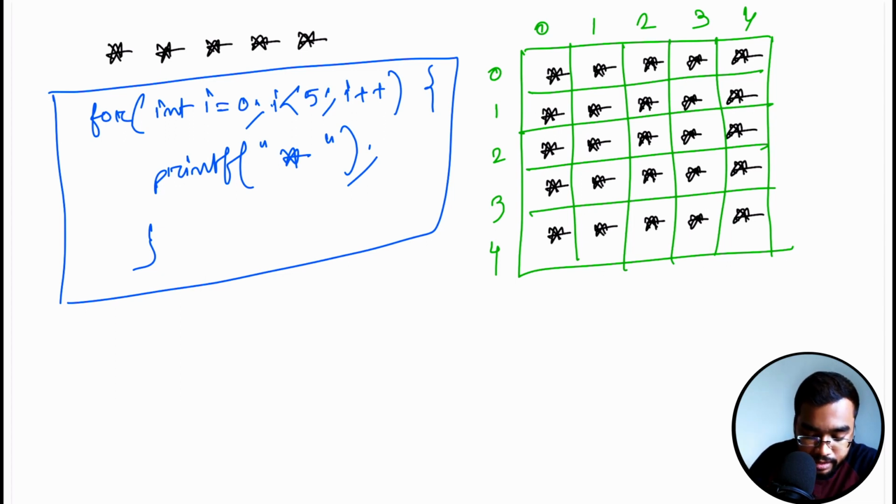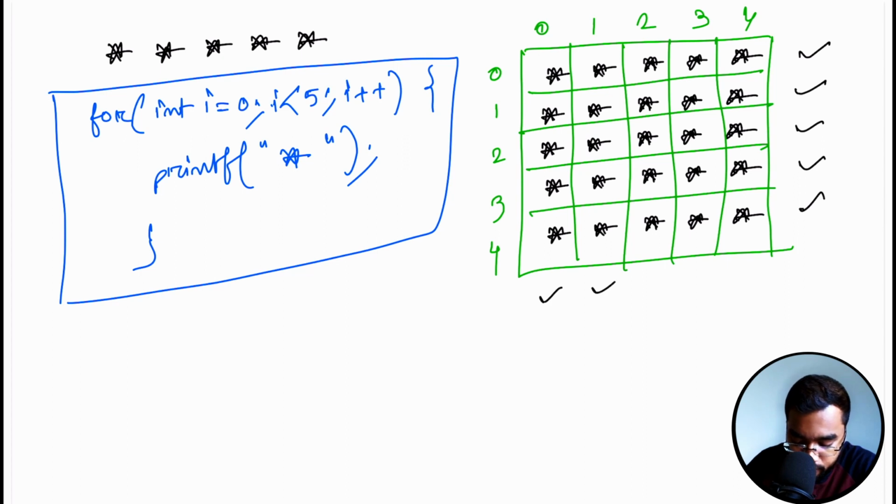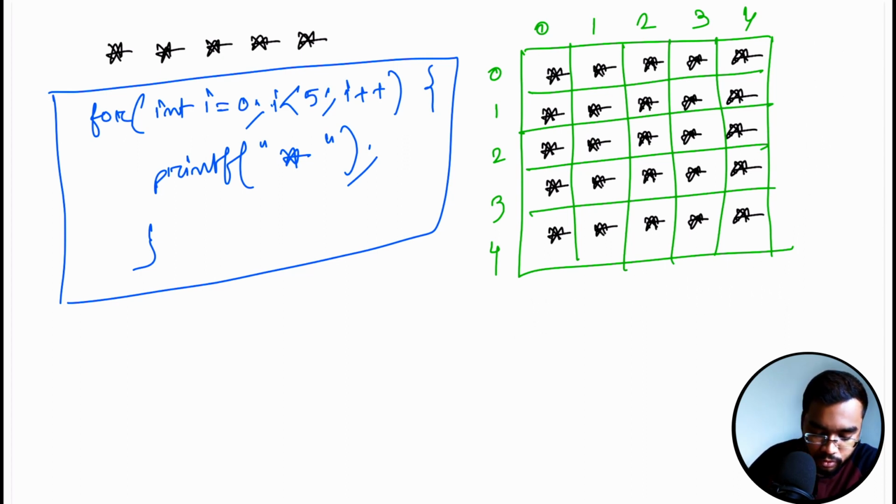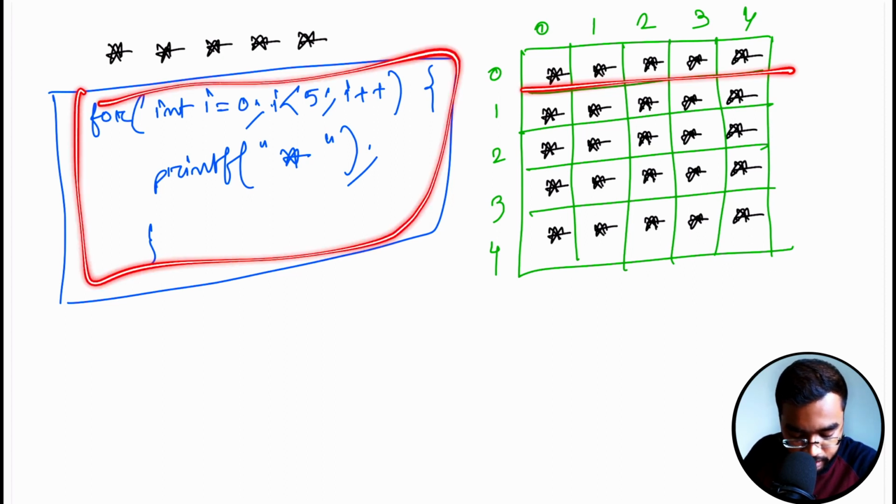So there are actually 5 rows and 5 columns as well. Clear? So for one row, for the first row, we can write this code.